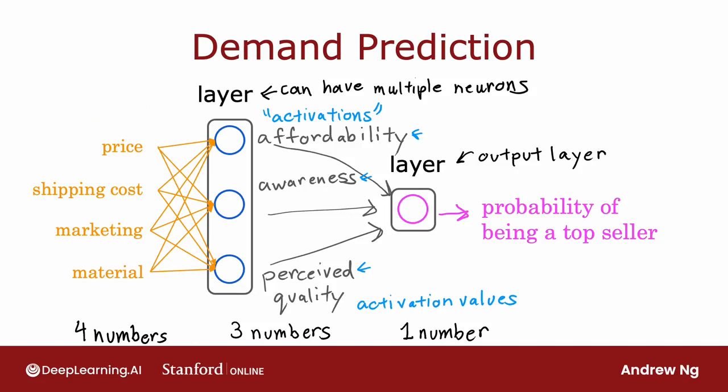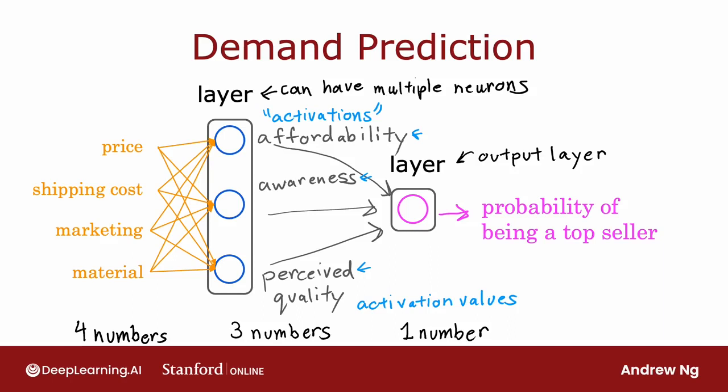And you can imagine that if you're trying to predict affordability and it knows what's the price, shipping cost, marketing, and material, maybe you'll learn to ignore marketing and material and just figure out through setting the parameters appropriately to only focus on the subset of features that are most relevant to affordability.